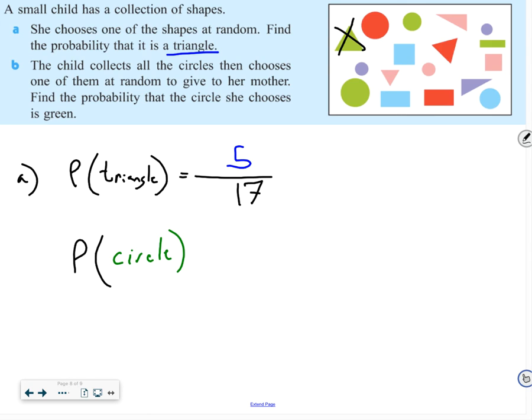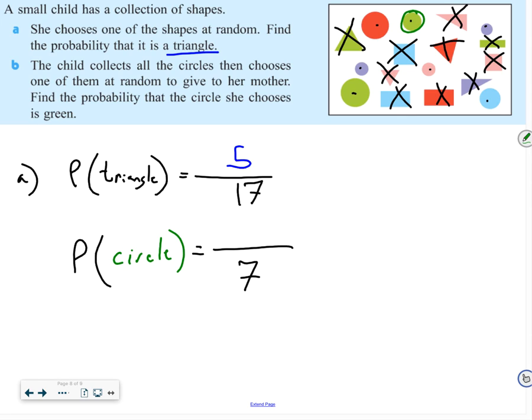I only have those objects in my sample space. And I have 1, 2, 3, 4, 5, 6, 7. So in this, I have 7 in my sample space, 7 circles to choose from. How many of them are green? So I have 1, 2. So I have a 2 out of 7 chance of picking a green circle if I know I'm grabbing from the circles.